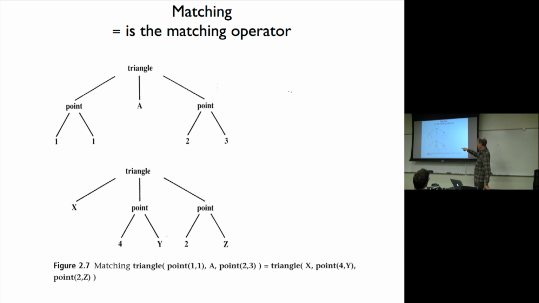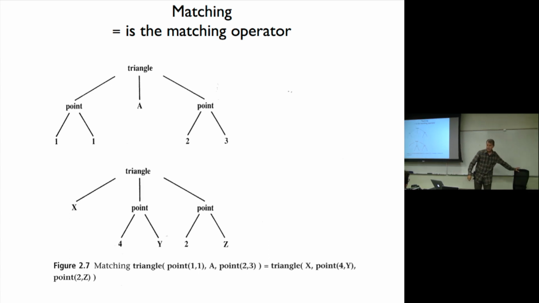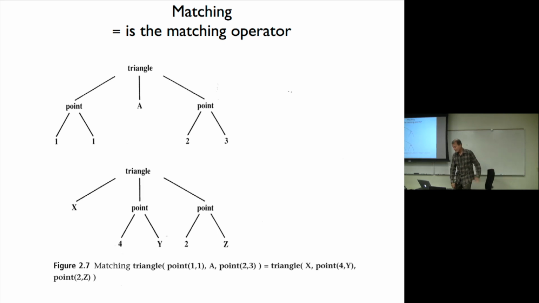Then it has point(4,Y) for the middle argument, and point(2,Z) for the right argument. We're going to see how the top one matches the bottom one. The caption of figure 2.7 says, matching triangle(point(1,1), A, point(2,3)) and triangle(X, point(4,Y), point(2,Z)). Let's demo this and see if you can anticipate what happens.